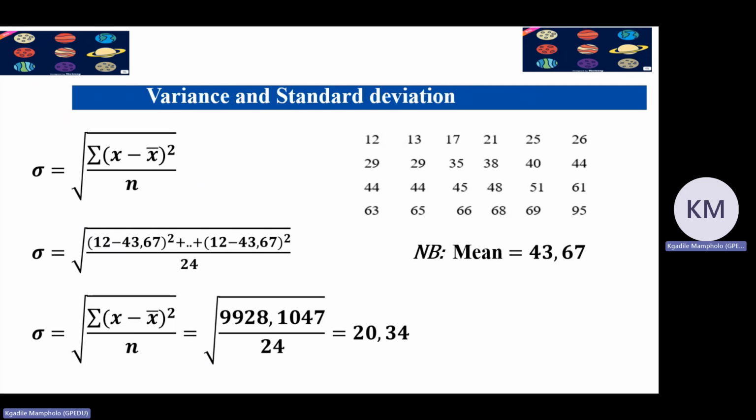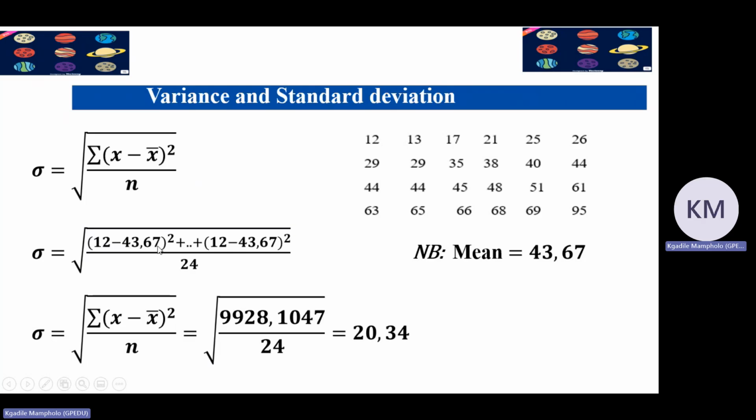Now, as I said, if you are doing the long way, first you calculate the mean by adding all the numbers, then you divide by 24, and the answer is 43,67. So the mean, or the average score, is 43,67. After you've calculated the mean, the first score here is 12.